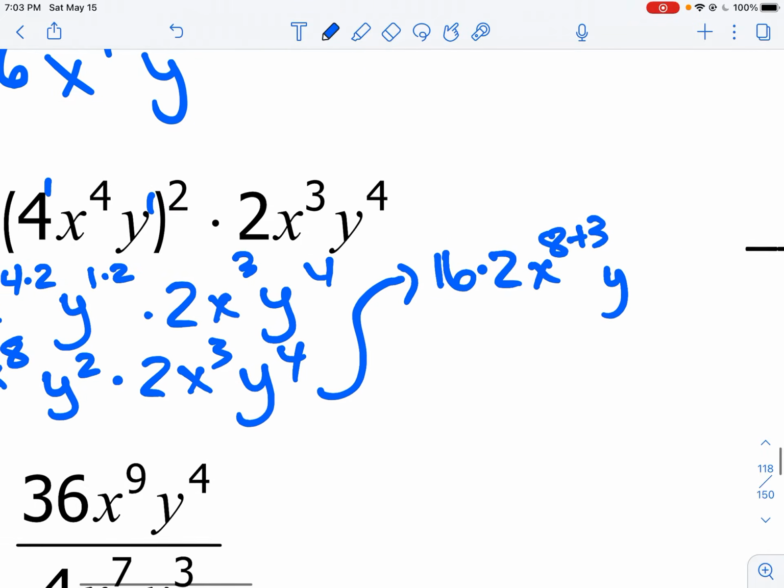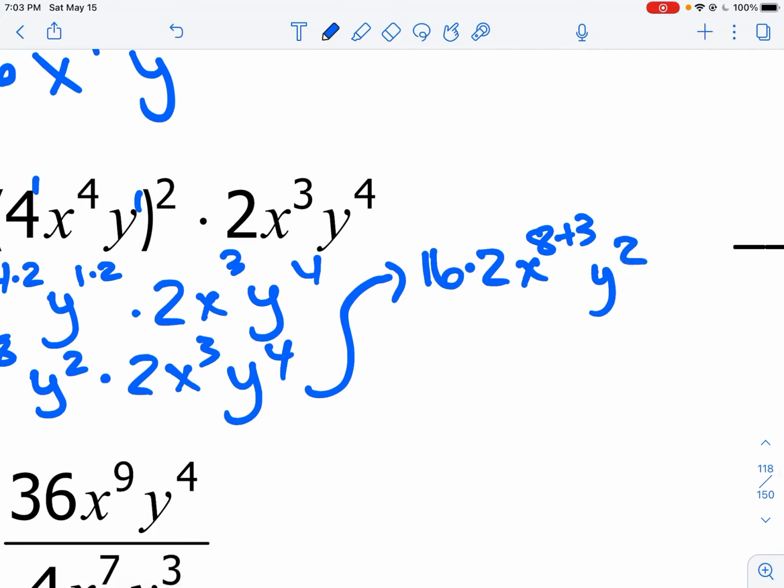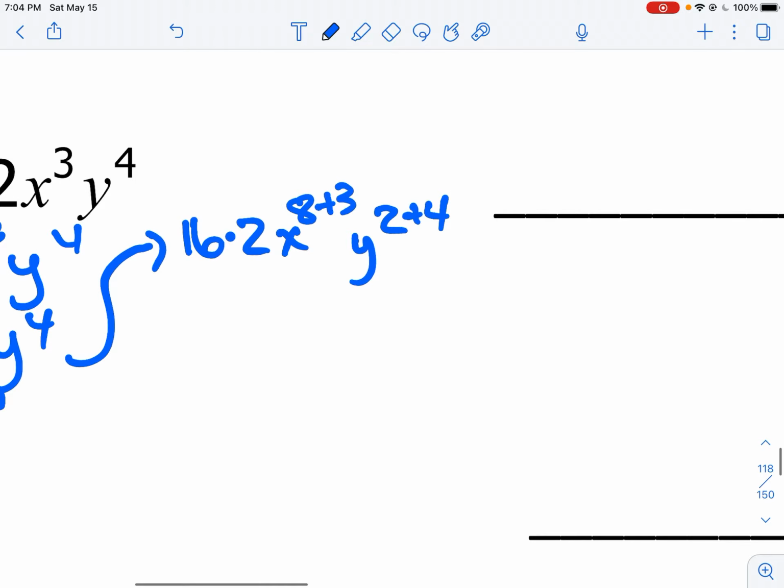Then we have the y squared, and it's being multiplied by y to the 4th, so I add the 4. This would get me 32 because 16 times 2 is 32. Then we get x to the 11th and y to the 6th.